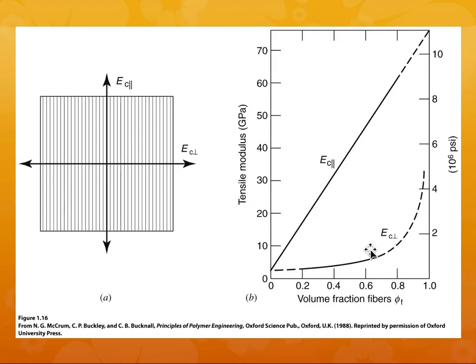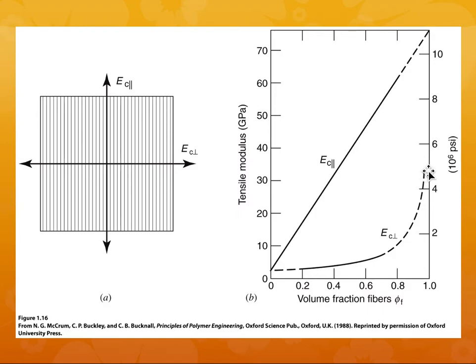But if you had fibers that were perpendicular to the loading direction, they do not increase the elastic modulus of the composite in the same manner. I mean, they would increase gradually and only go up to a certain extent.